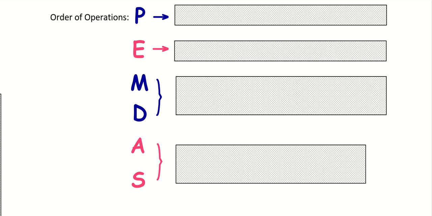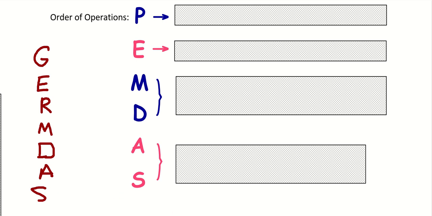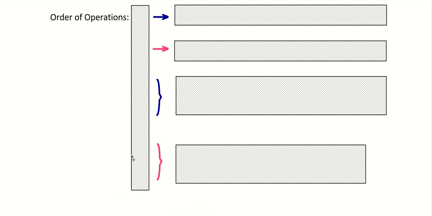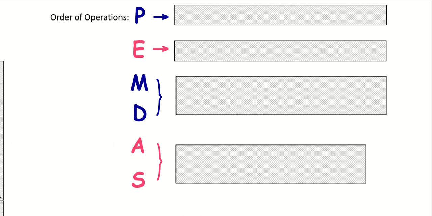So maybe instead of P, there was a G, and instead of just an E, there was an E and an R. And then the M and D and A and S. But, okay. So it's possible that you could do GERMDAS.